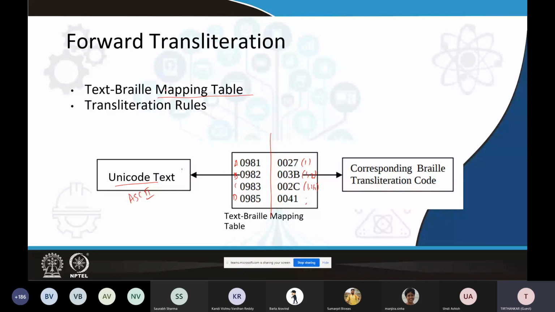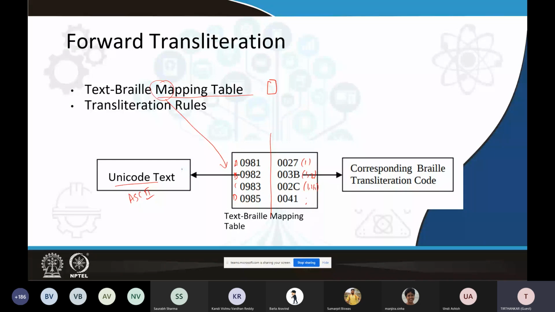we want to transliterate it into braille. What we are going to do is find the character M, which is a capital character. We will search in the mapping file where the capital M is, correspondingly get its braille representation, and replace this M by the braille cell, right?